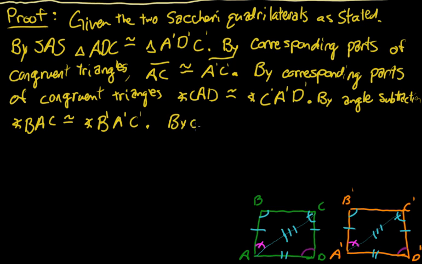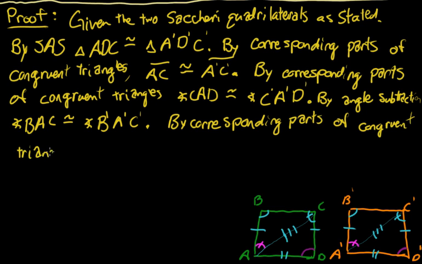Then by corresponding parts of congruent triangles, angle B is congruent to angle B prime.